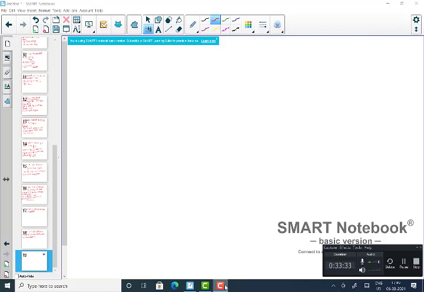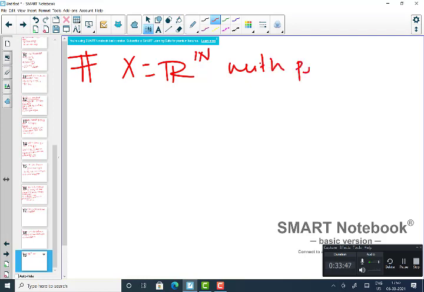What we'll do, you have X, which is R omega, or R to the N, whatever, this is the same, with the product topology. We will show that X is connected because R is connected.